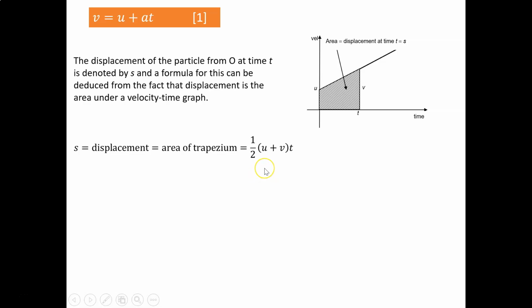So half of u plus v times t is our s. So there's our second constant acceleration equation: s is equal to half of u plus v, times t. So there's 2 we've got.